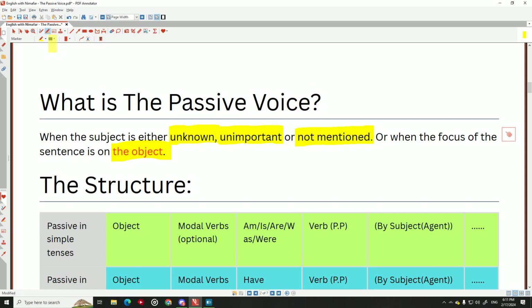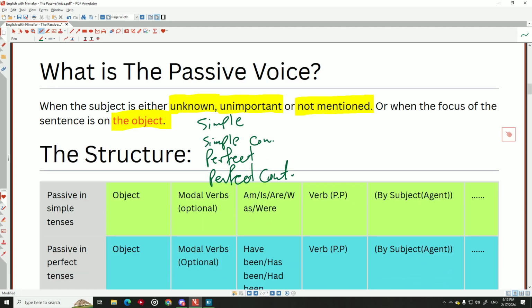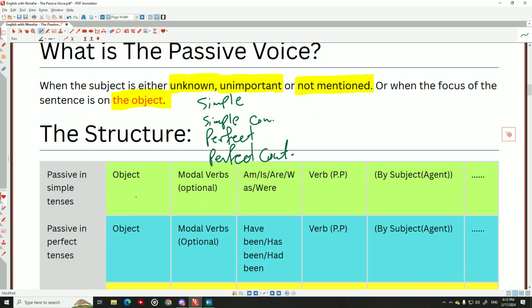As you know, we have simple tenses, continuous tenses, perfect tenses, and perfect continuous tenses. And we can use present simple, past simple, future simple, and so on for others. So let's talk about passive in simple tenses. We have some formulas.